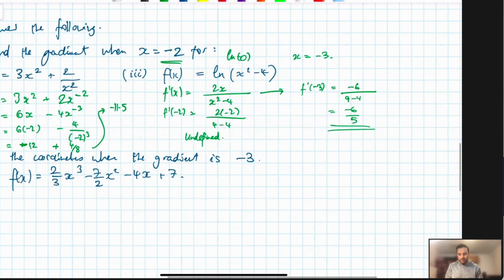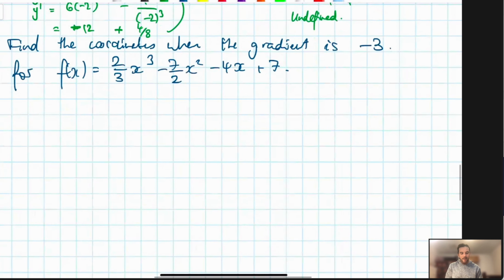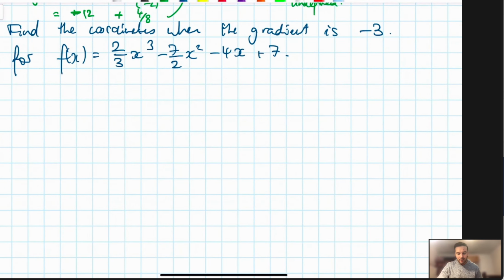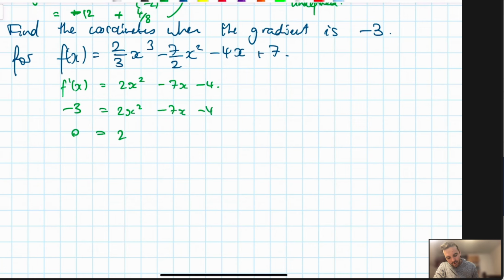Okay, let's have we got this last one. Find the coordinates where the gradient is -3 for this function here. So let's differentiate. Plug in when f dash is -3, rearrange to solve, and that's going to be +3, so that take 1, I think.